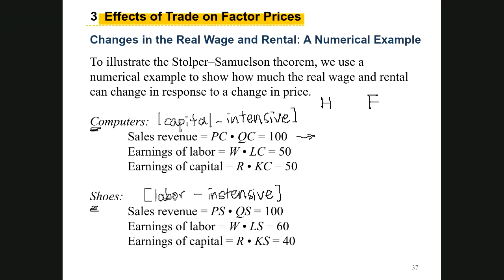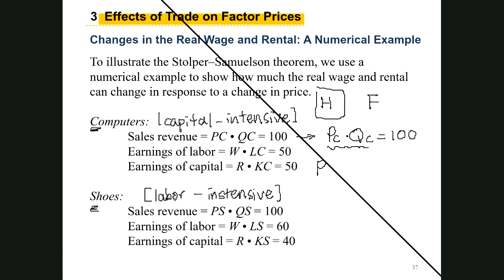And now I'm looking at the home country. So sales revenue, here C should be a subscript, is equal to 100. The revenue is separated into two payments, right? The payment to the worker and the payment to the capital.